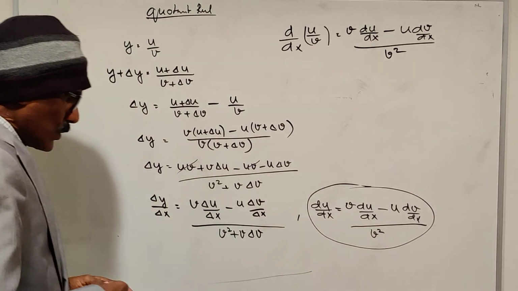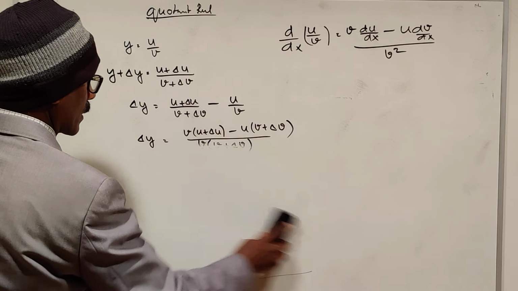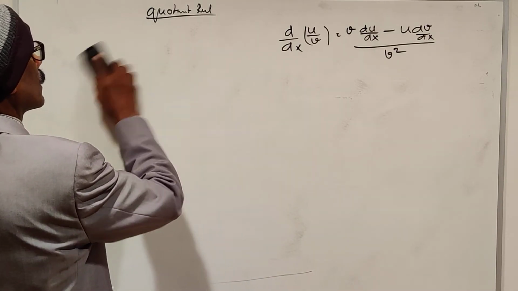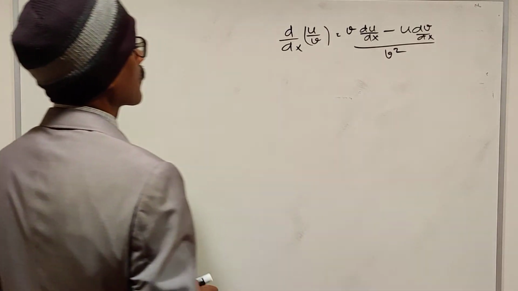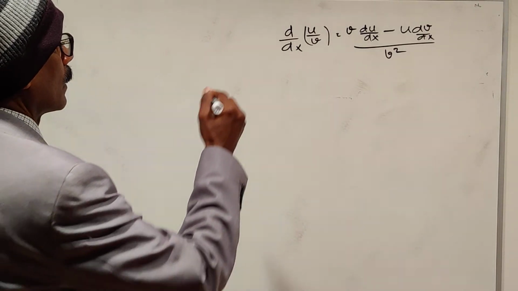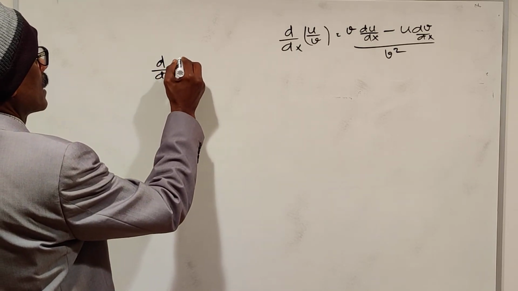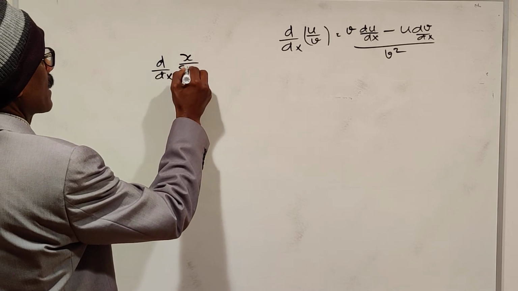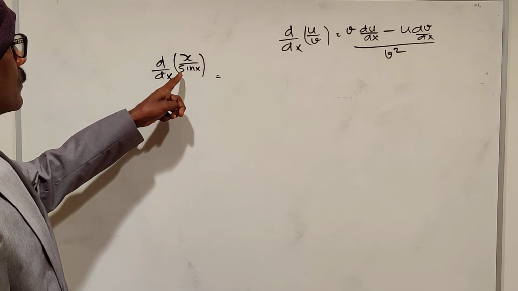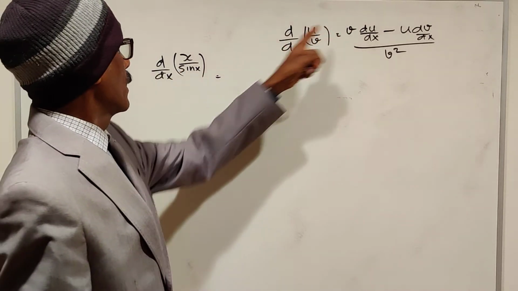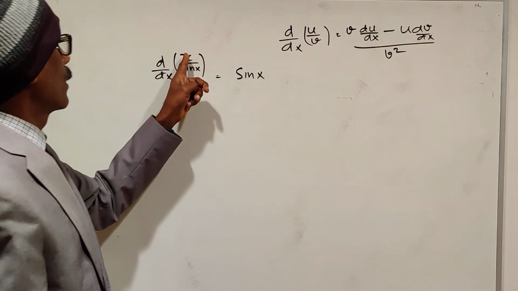Okay, I am going to do two problems. D by dx of x divided by sin x. First, denominator, sin x. You don't need to differentiate sin x, just sin x into derivative of x.